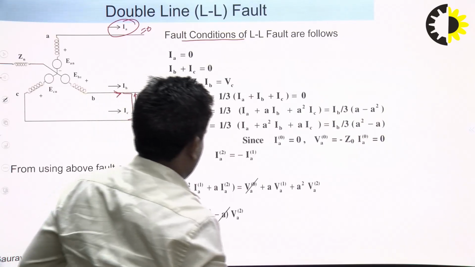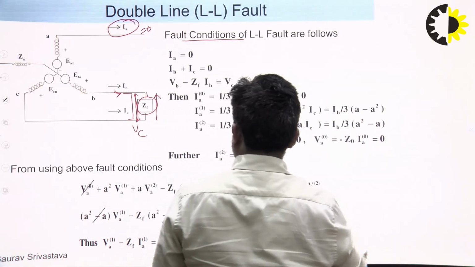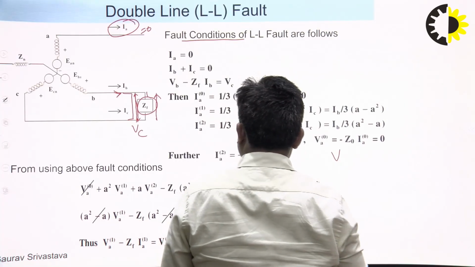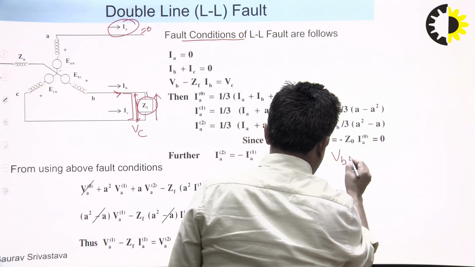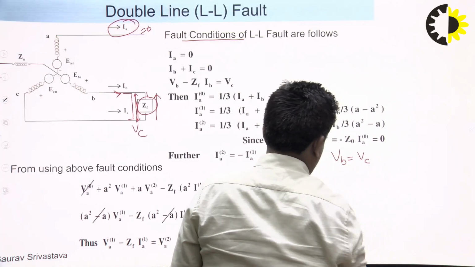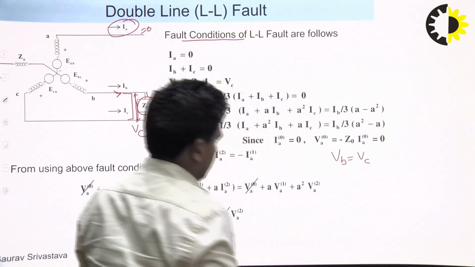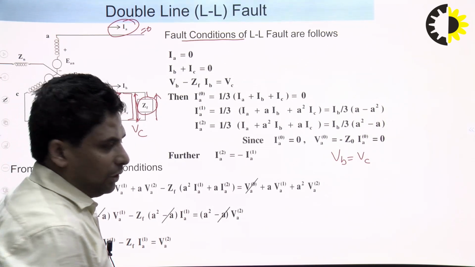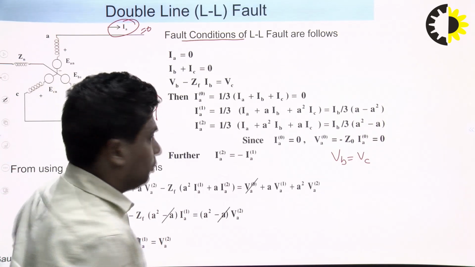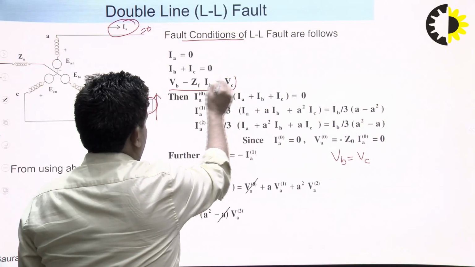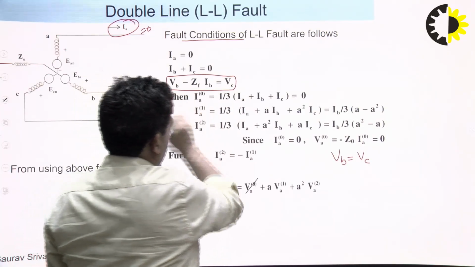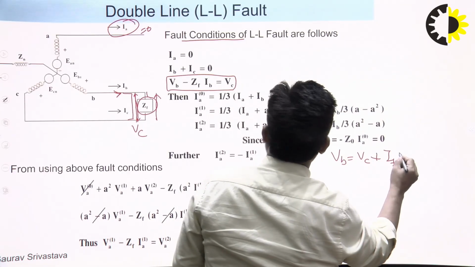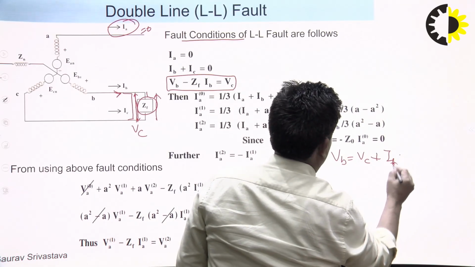So here we take the example, if we take VB is equal to VC. When we take VB equal to VC with the fault impedance, right now we are taking the fault impedance as available, so the net equation becomes IB into ZF.